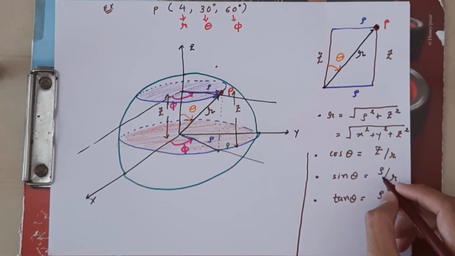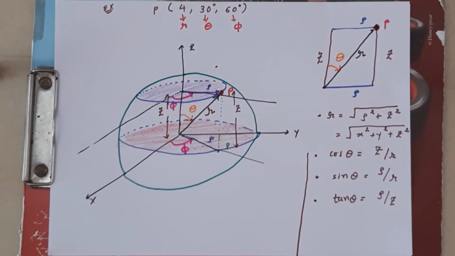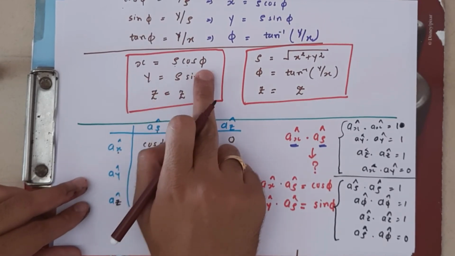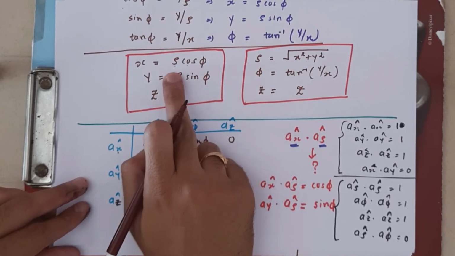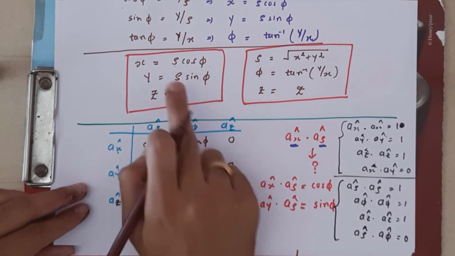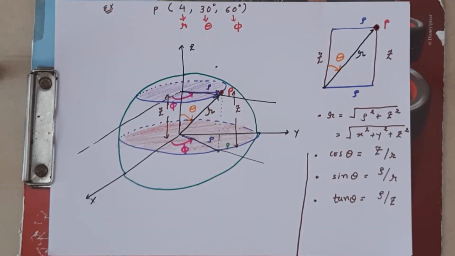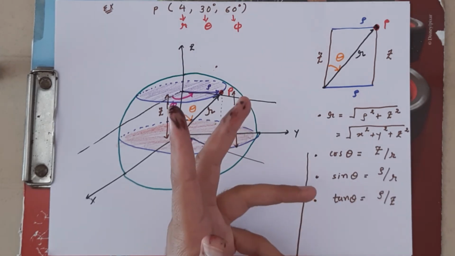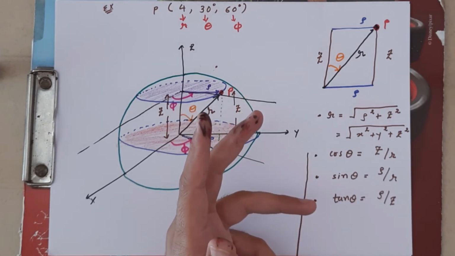And what is rho? From the cylindrical coordinate system equation, x is equal to rho cos phi. So rho is equal to x by cos phi. So instead of rho, you can write x by cos phi or y by cos phi. You can write anything.